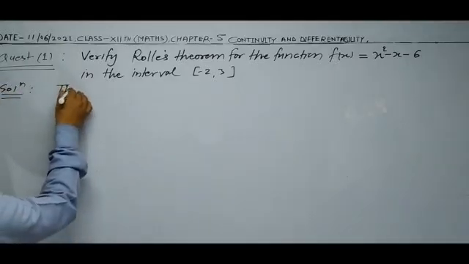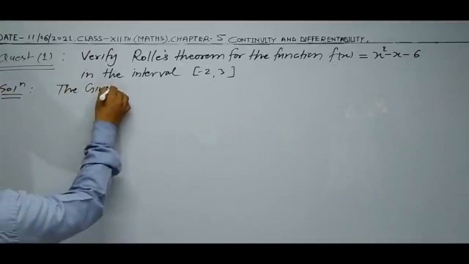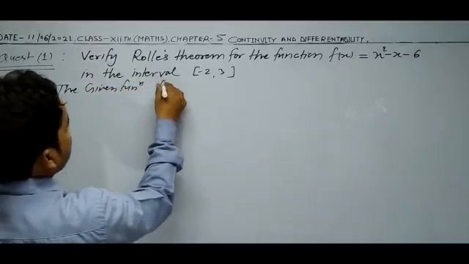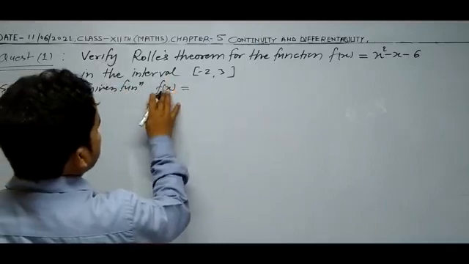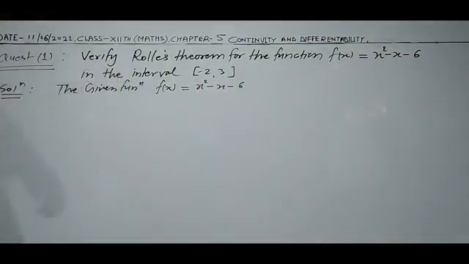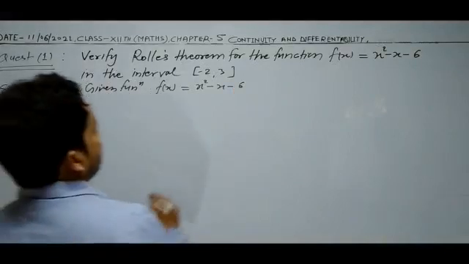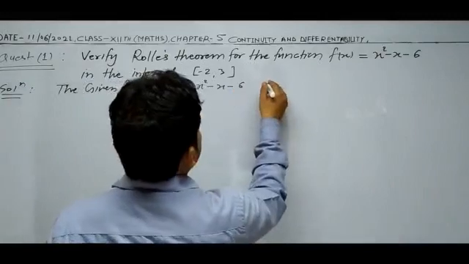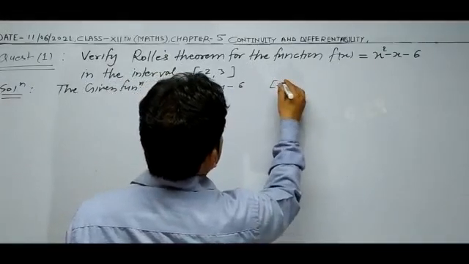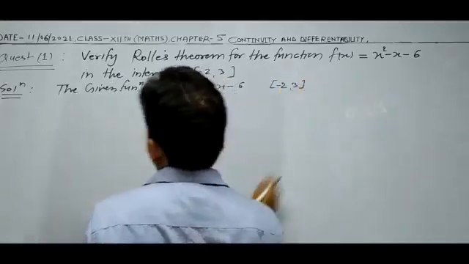Solution: the given function f(x) = x² − x − 6, and the interval is [−2, 3].